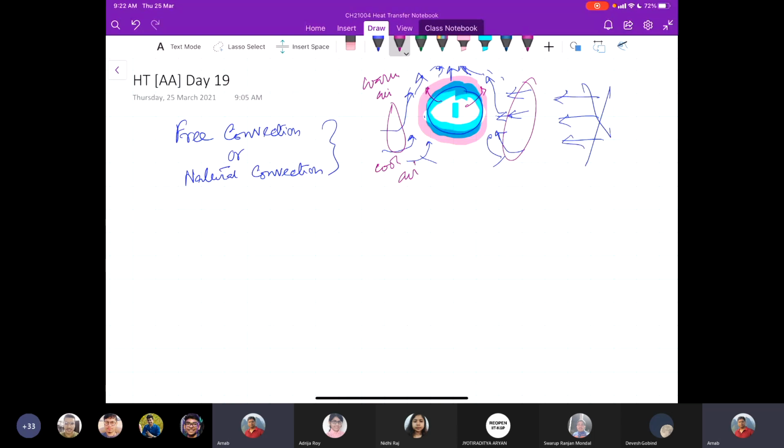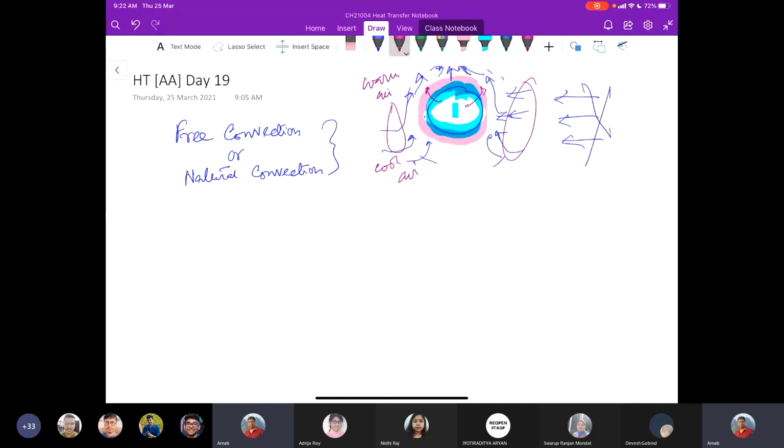It's like if you try to mix oil and water, the lower density fluid will float above the higher one. So this stream or current we call the natural convection current. And this mechanism of heat transfer we call free convection or natural convection heat transfer.